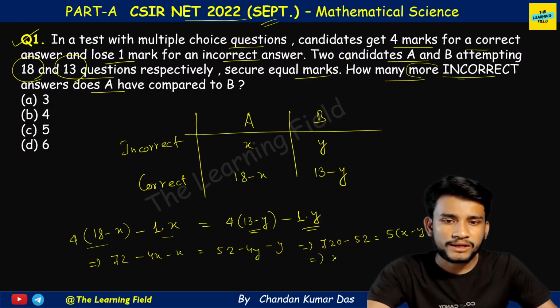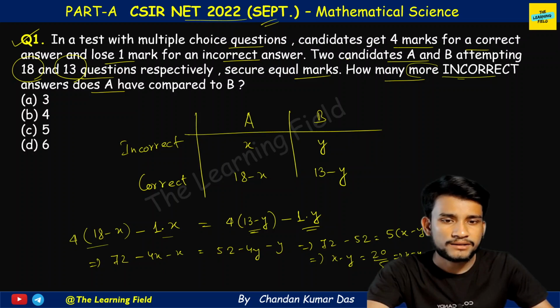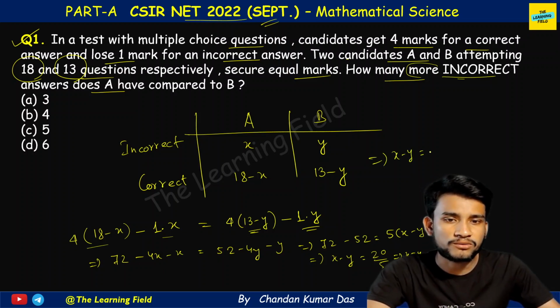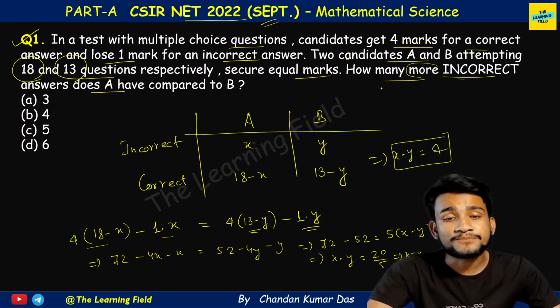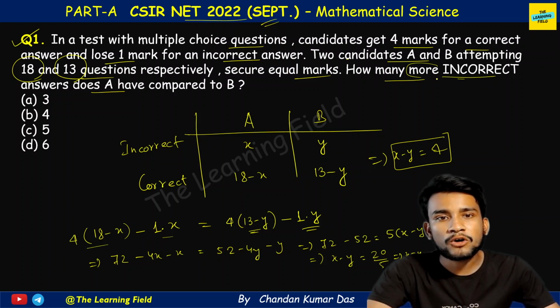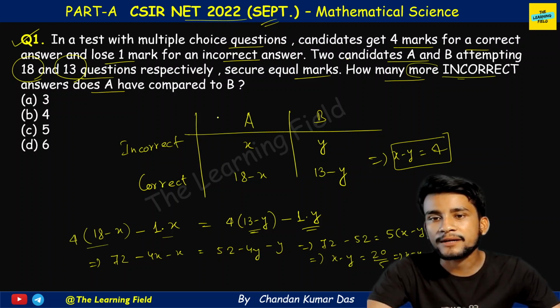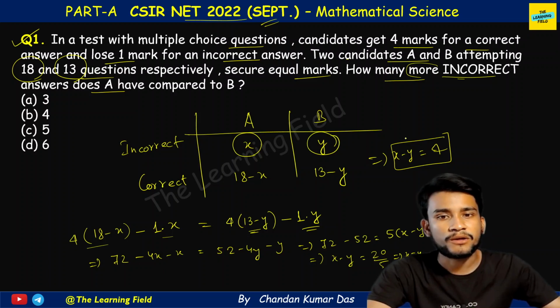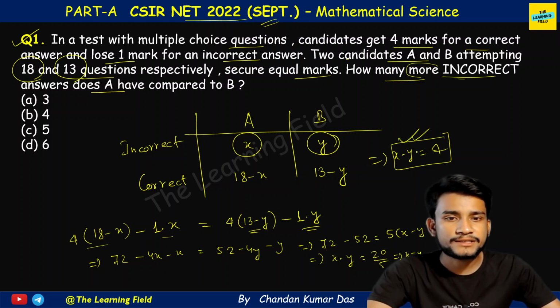So x minus y is equal to 20 by 5, which is 4. We have to find the difference of incorrect answers of A and B. So this is the incorrect answers of A, and this is the incorrect answers of B. Therefore their difference is 4.